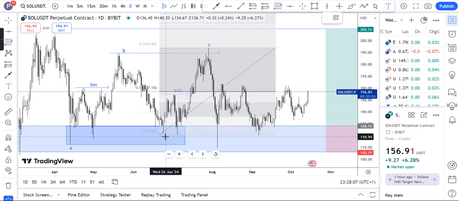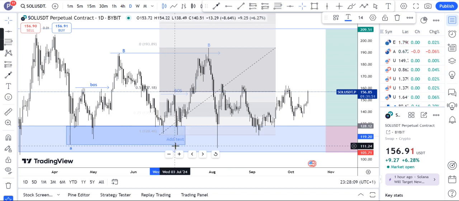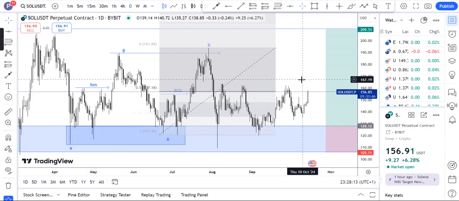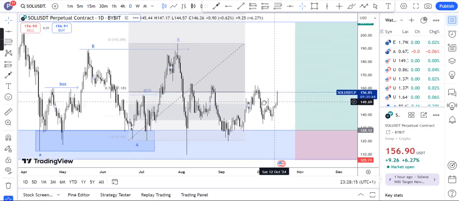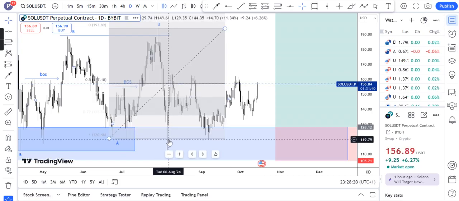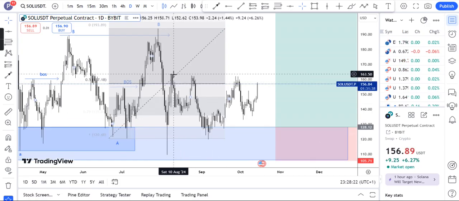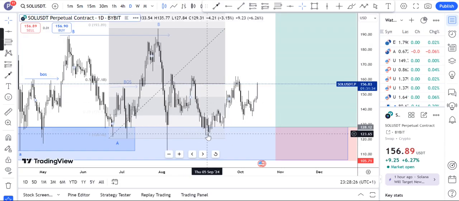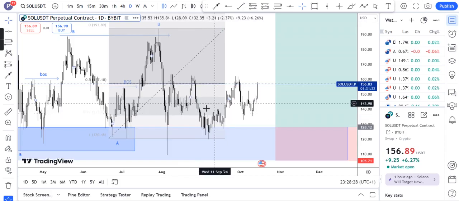Now this high, okay, let me just re-enter this. So now this high, actually, we can see market stopped us out here and then pushed to the upside, created a low, dropped, and then currently we are getting some sort of structures playing out here.